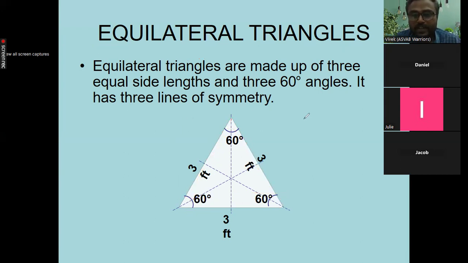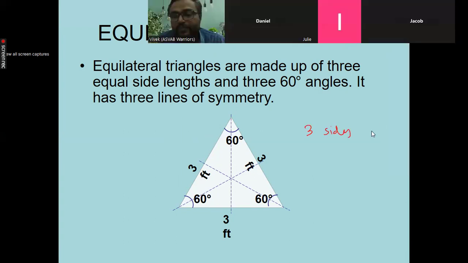And one more thing, you can just write it down: three sides are equal and three angles are also equal. As I told you before, if I call the angles A, B and C, then A plus B plus C would be equal to 180 degrees.